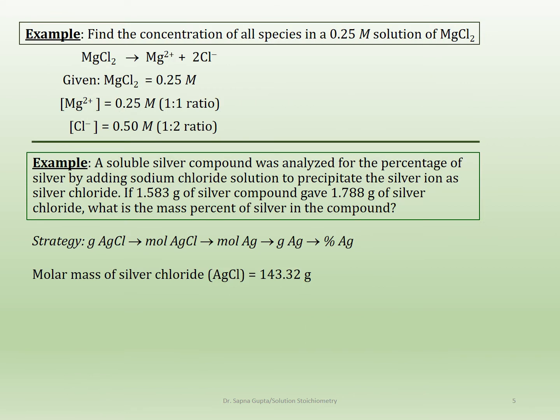Let's work on some calculations using stoichiometry. We'll start with the simplest one, and then we'll take an example of each kind, okay? So first one is: find the concentration of all species in a 0.25 molar solution of magnesium chloride. It seems such a simple problem and you don't even know where to begin.